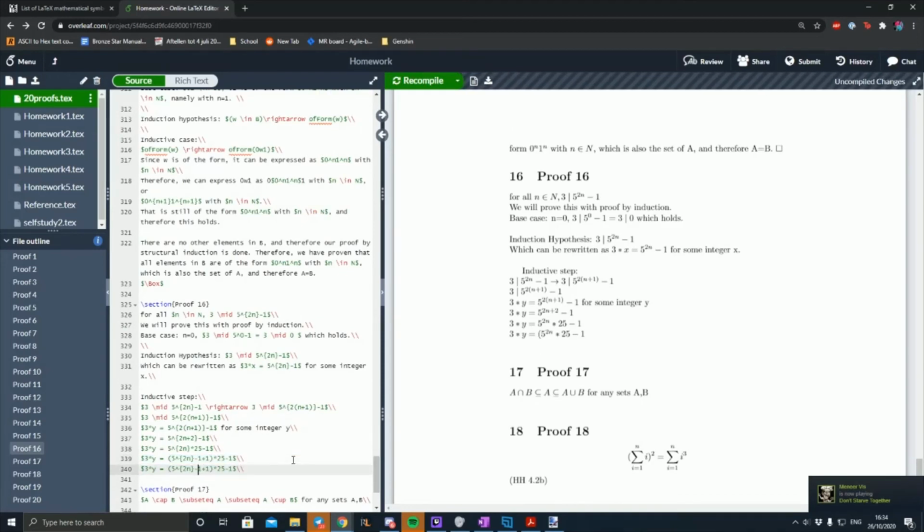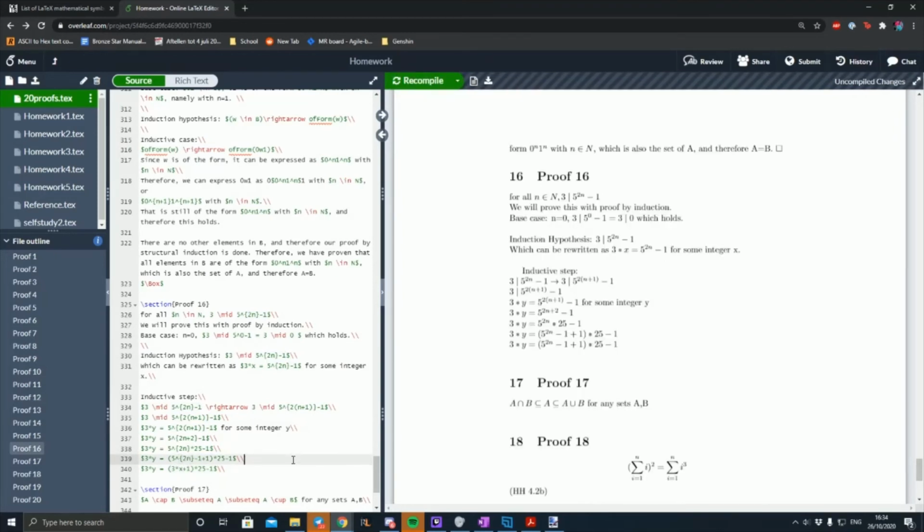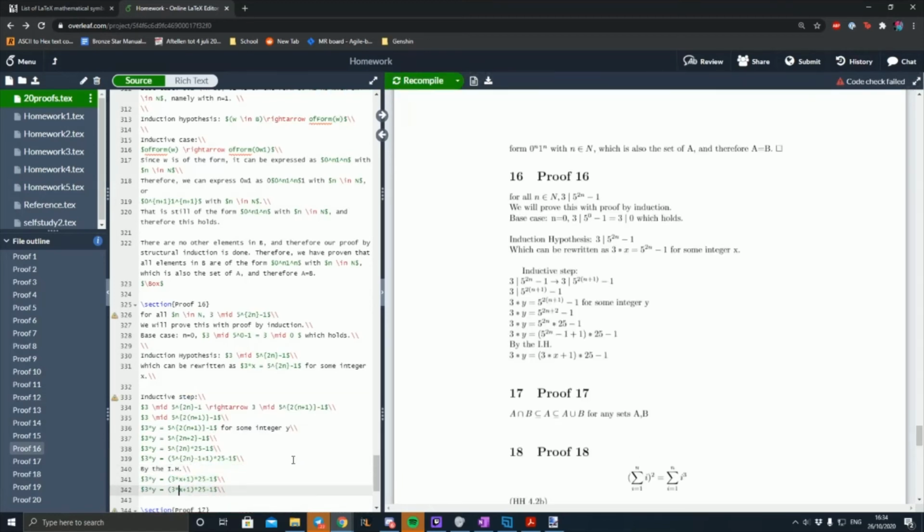I can replace this with 3 times x by the induction hypothesis, and then this is equal to 3 times 25x plus 25 minus 1.